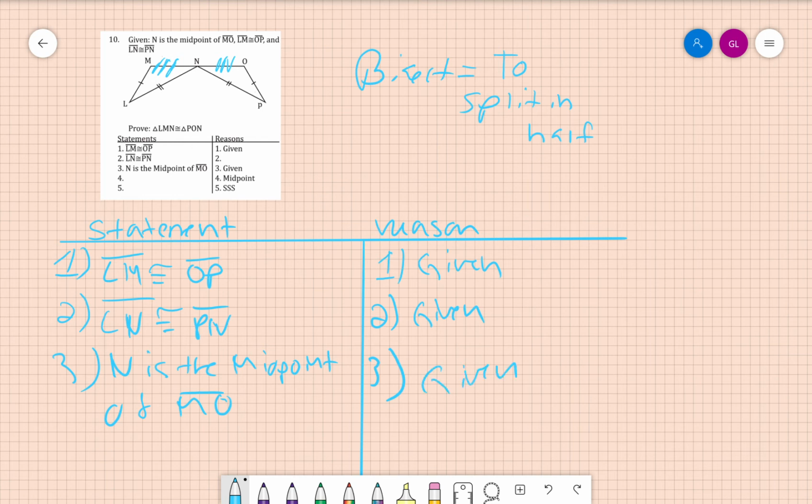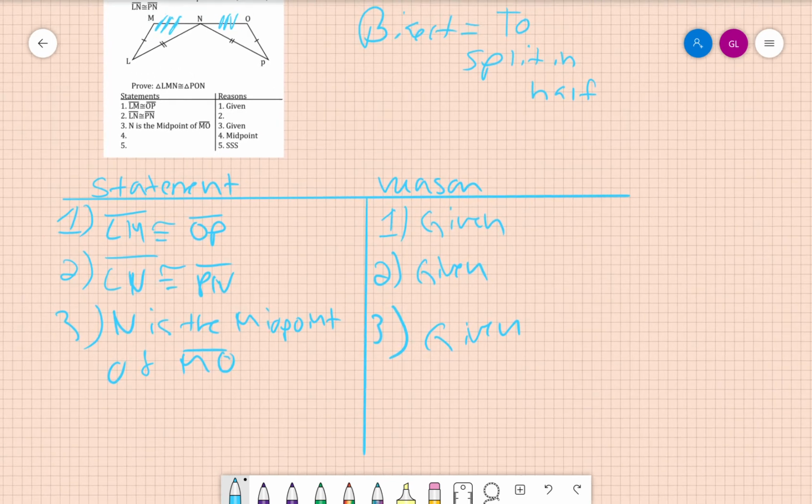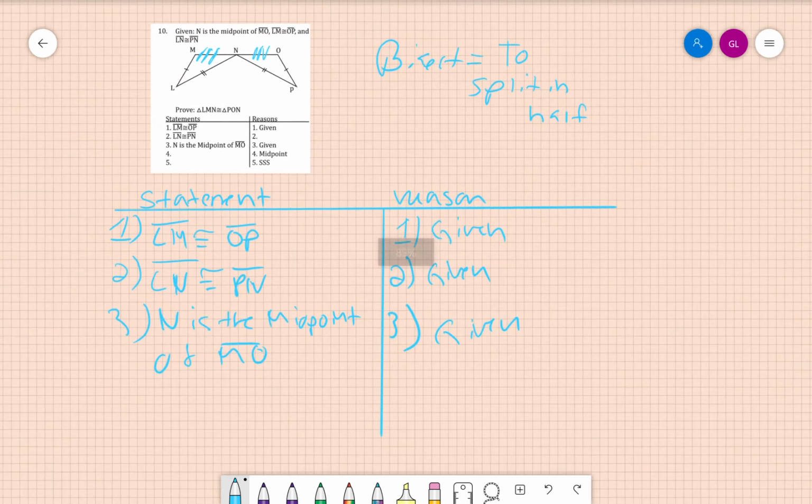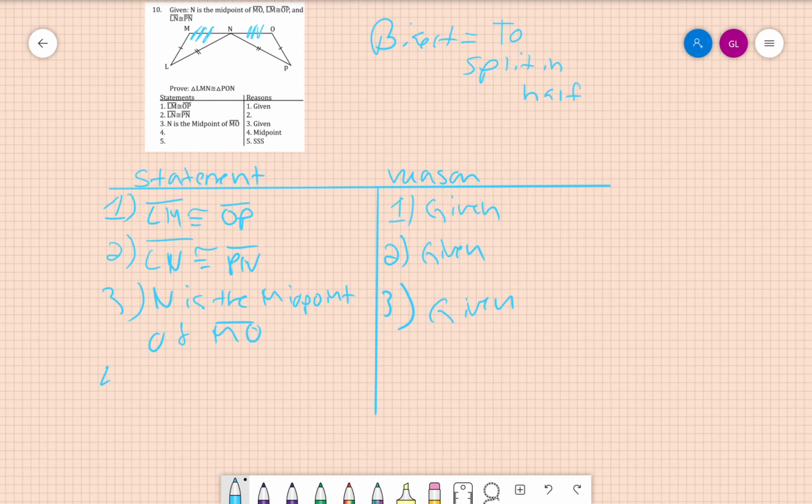Now step 4. If we have that N is the midpoint of MO, now in the next part we talk about the segments we now have because of that line being bisected by point N. So now we have the 3 hash marks, and we're going to say segment MN is congruent to segment NO, and that's due to the midpoint theorem.